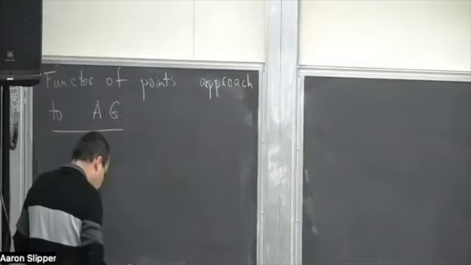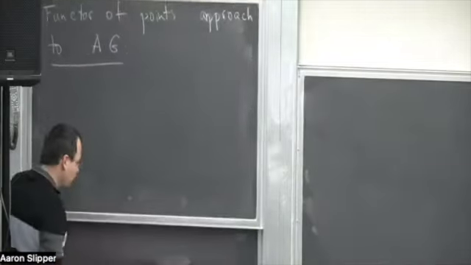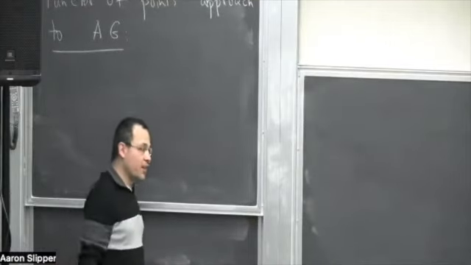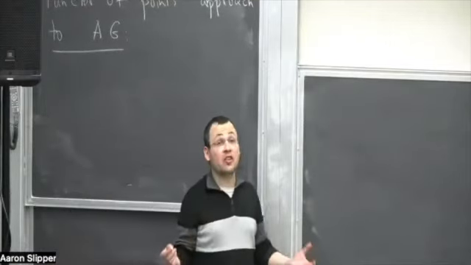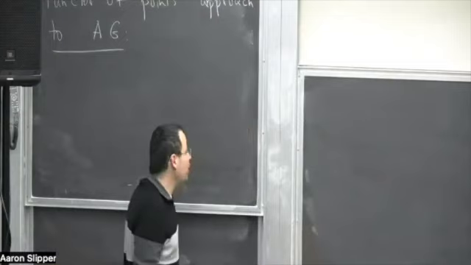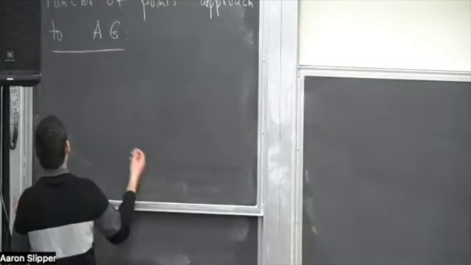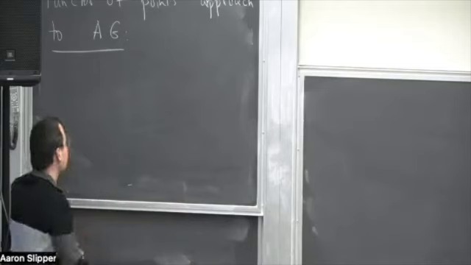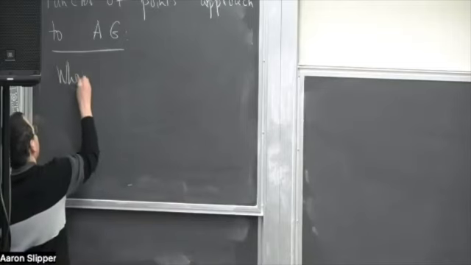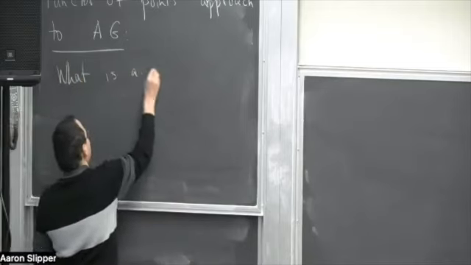So what is this about? The most basic foundational question one can ask in algebraic geometry is, well, what kind of things are we studying? The basic objects are called schemes, such as they are. And so you can ask, well, what is a scheme?